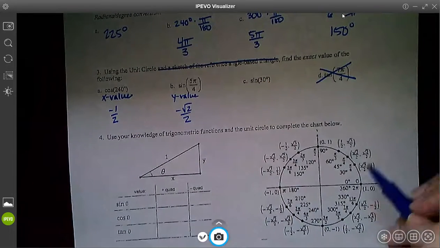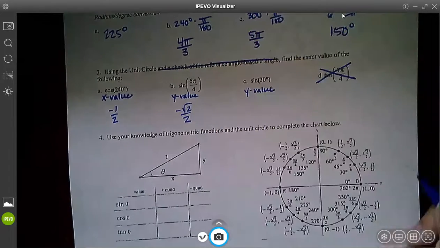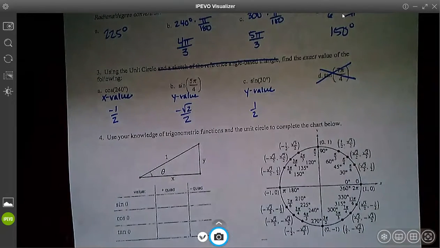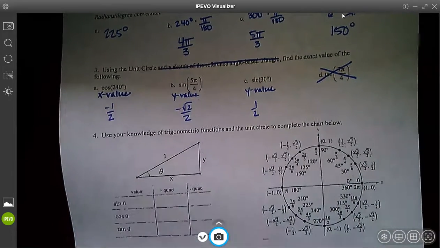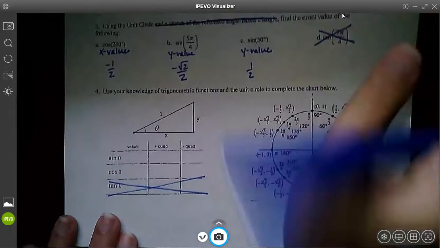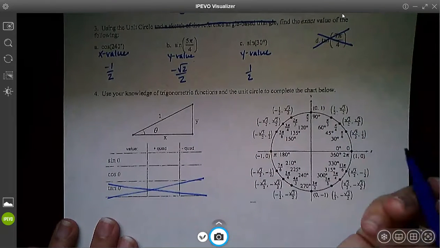And then sine of 30 degrees, here's 30 degrees. Sine again is your y value, so that's going to be 1/2. Again, we're not worried about tangent or anything other than sine and cosine, so we're not going to worry about that. Now, in what quadrants is sine positive? Sine is your y value. So in what 2 quadrants is sine positive?